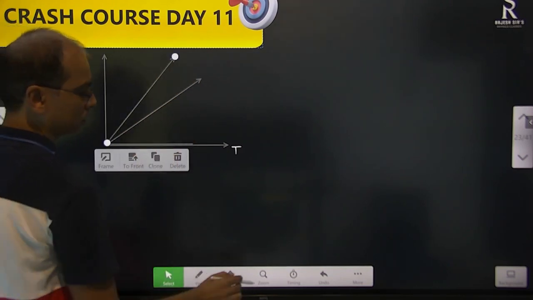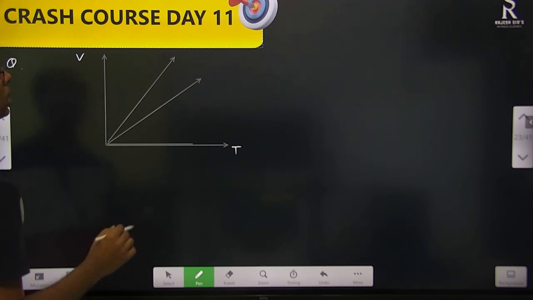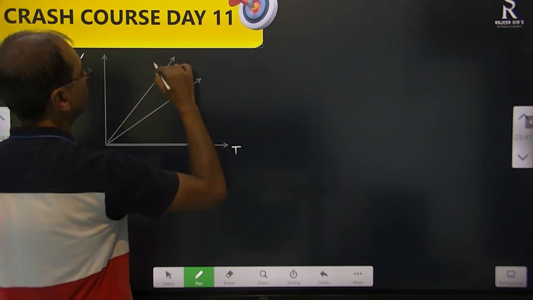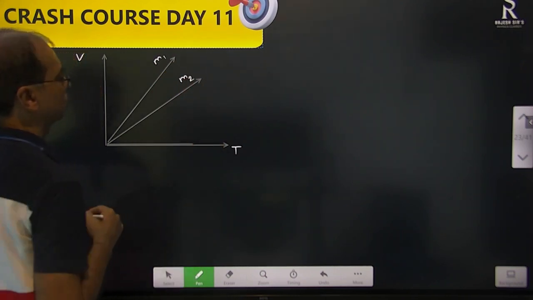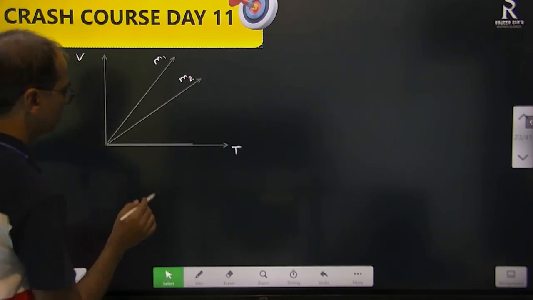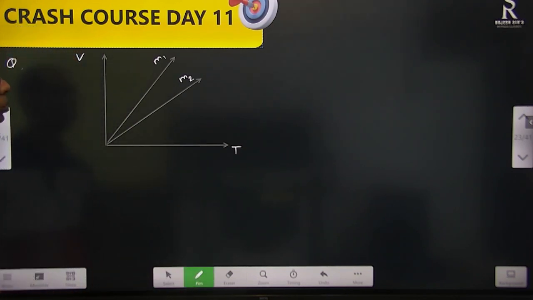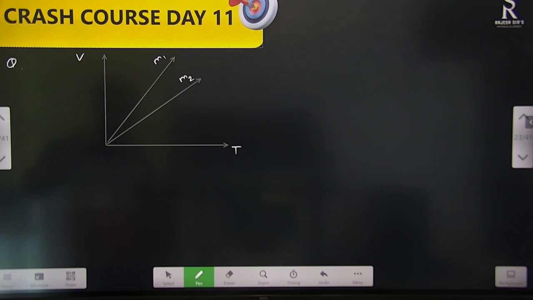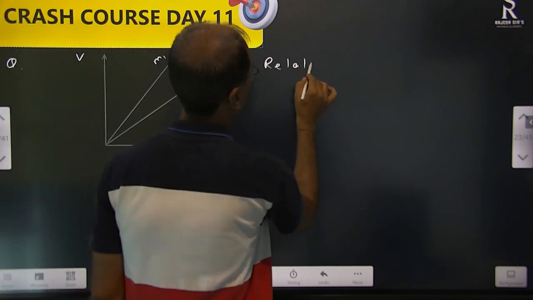Okay. So two processes, two graphs I have made. Suppose here I am saying its mass is m1 and its mass is m2. What can we say about m1 and m2 here? What is the relation between m1 and m2?